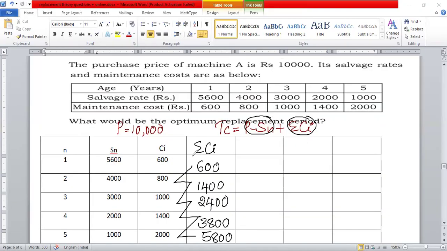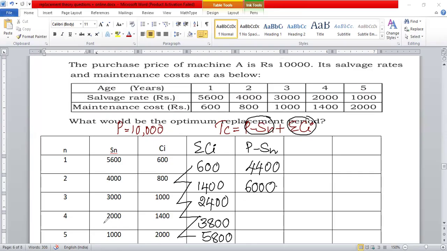Now, P minus S of N. Here P is only one value, S of N has different values, so we subtract first. 10,000 minus 5,600, so 4,400. First one is finished. Now 10,000 minus 4,000 is 6,000.